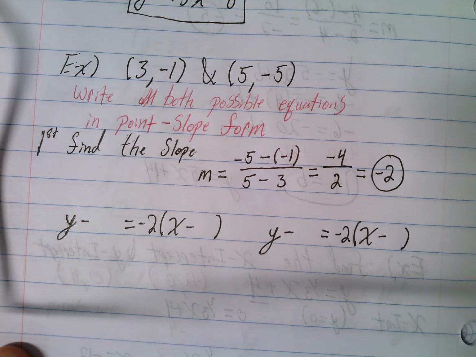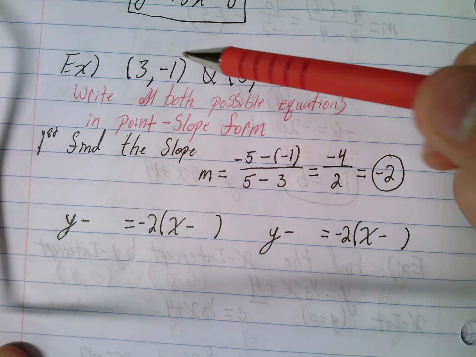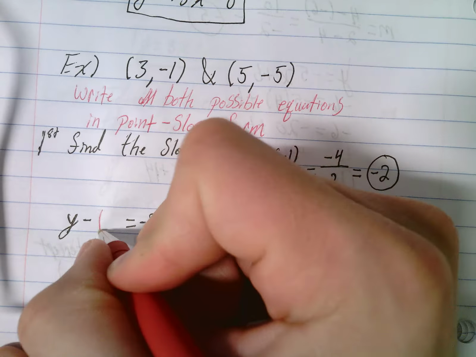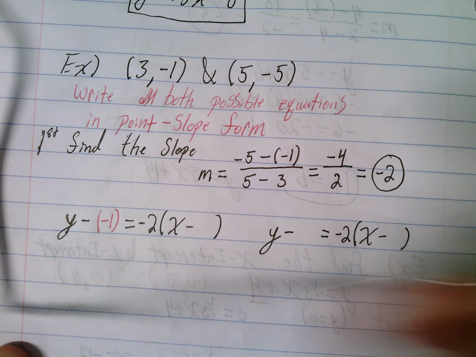Okay. What do I need to do for point slope form? Yeah, the points. What goes in where? Goes in for y1, which is here. Then what goes here?